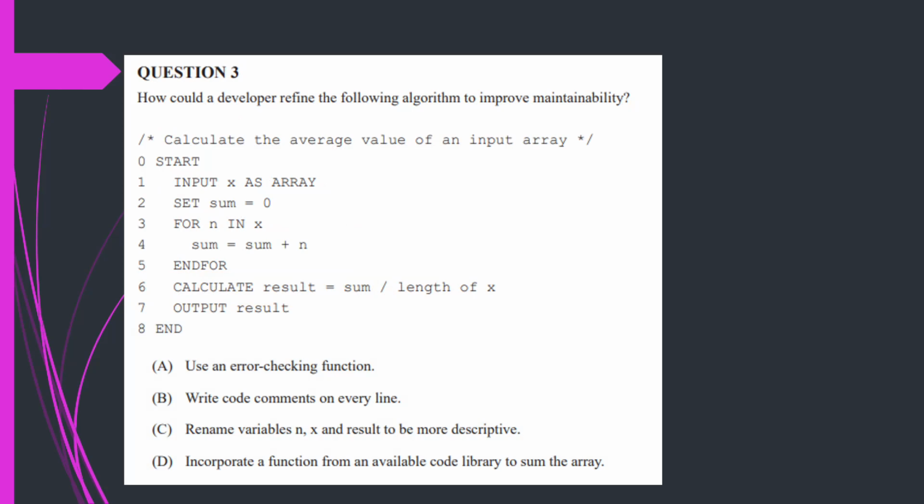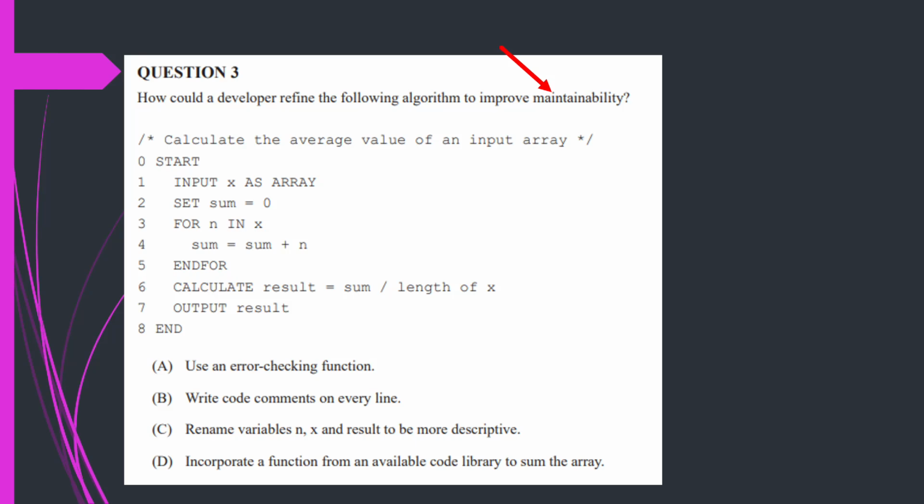So question three: how could the developer refine the following algorithm to improve maintainability? My keyword for this question is maintainability, which means it's not for now, but something for the future. Option A is out of the question because that one is more about error checking functions, more on reliability and accuracy, making sure the user input is correct.